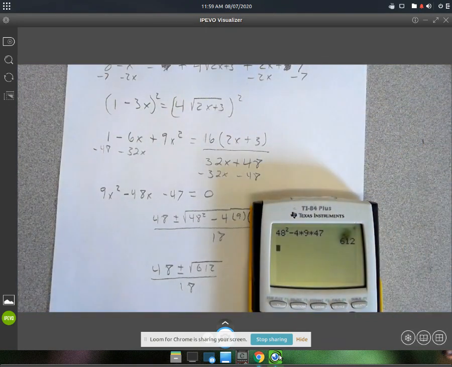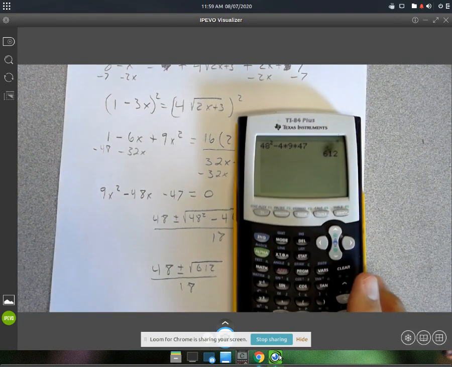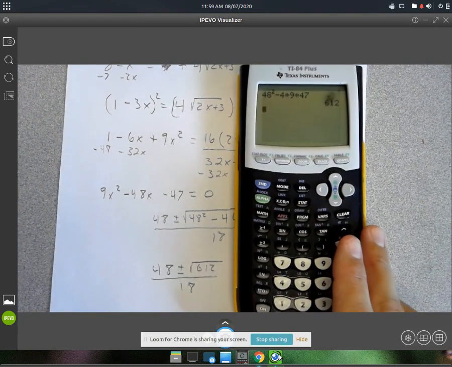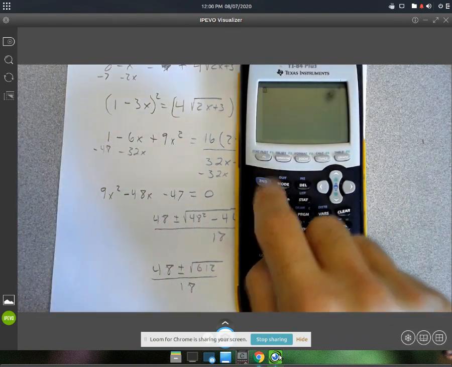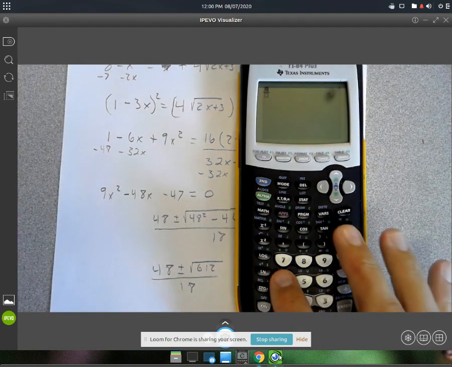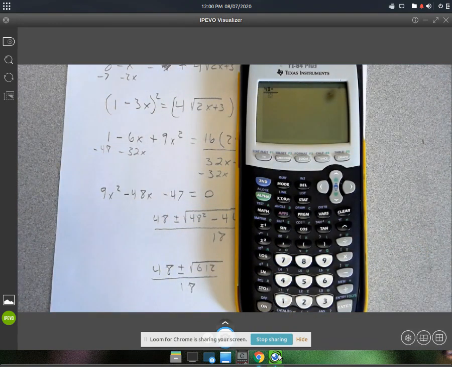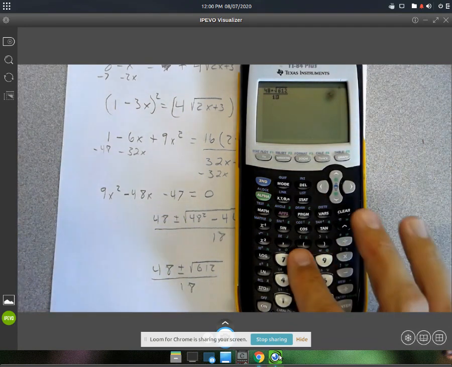All right, so I'm going to be using the store function. So let's see what I've got here. All right, and I have my numerator. I'm just going to do the plus version this time. So 48 plus the square root of 612 over 18.